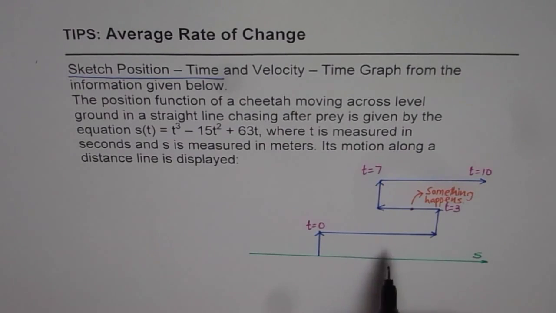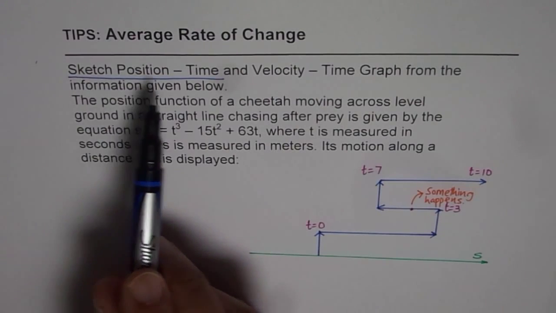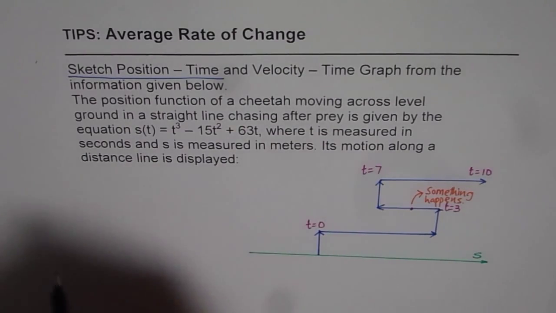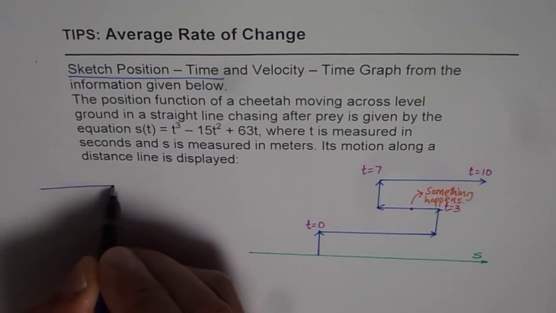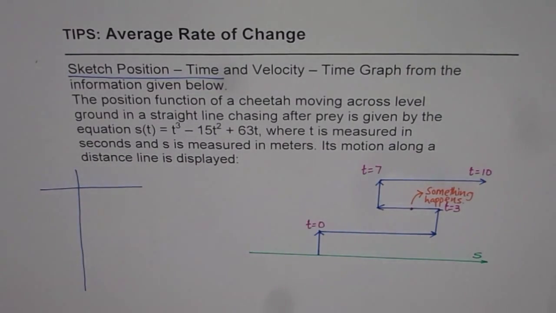Now observing all this, to display the position time graph, we just need position at different times. So let's use this equation to calculate. We'll make a table of values. That should help us to sketch this graph.